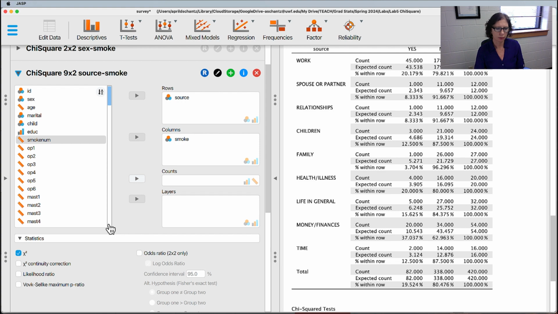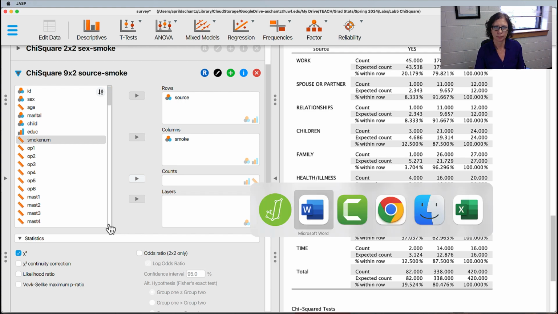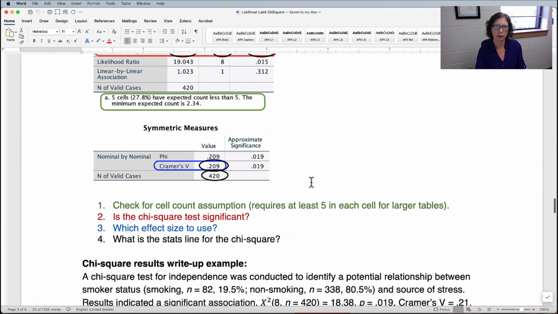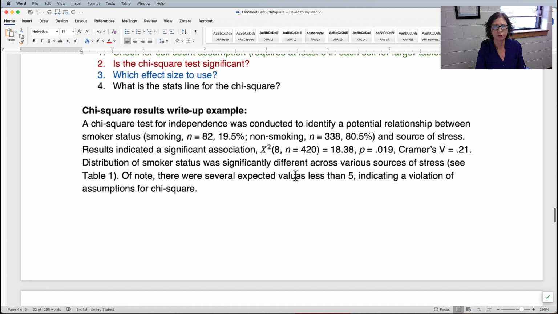So let's see how this might look written up. Again, I'm on the lab sheet for SPSS, but I'm just looking at the write-up parts. So a chi-square test of independence was conducted to identify if there is a relationship between smoker status and source of stress. We have a significant association, and there's the chi-square stats line.